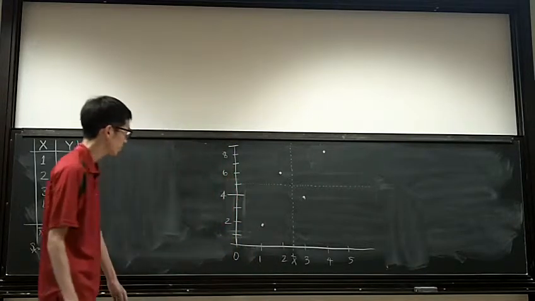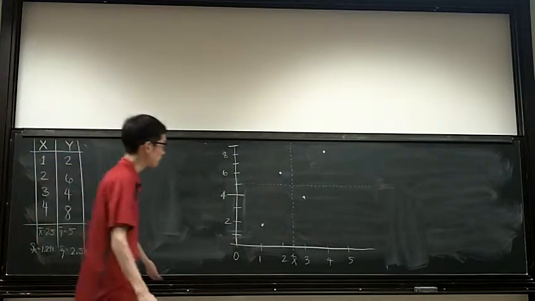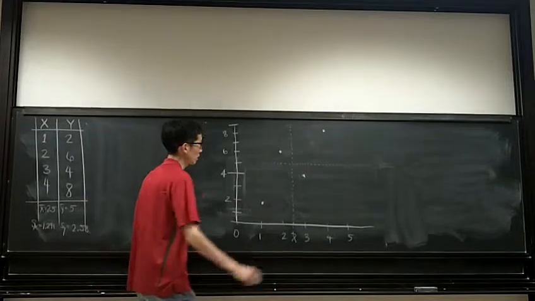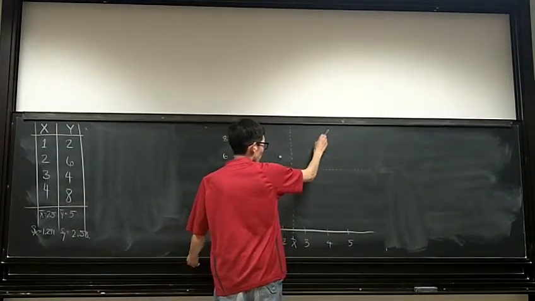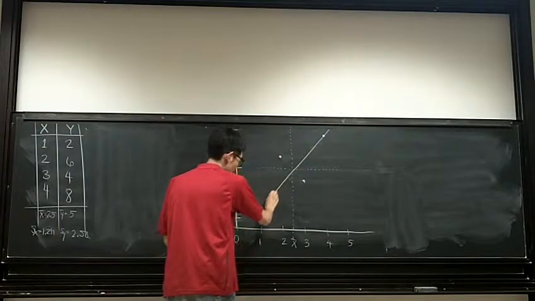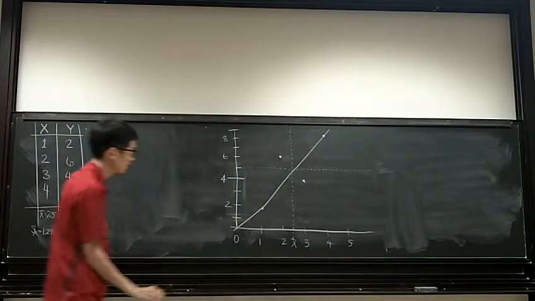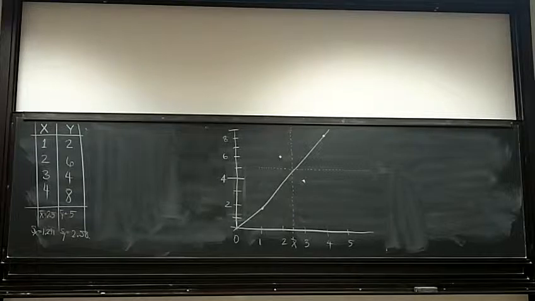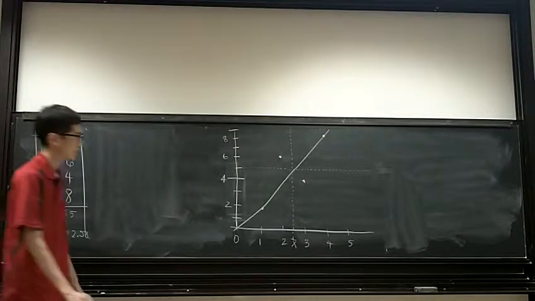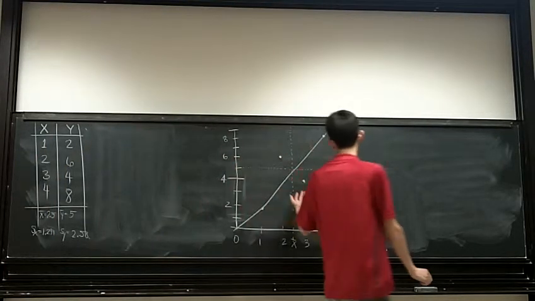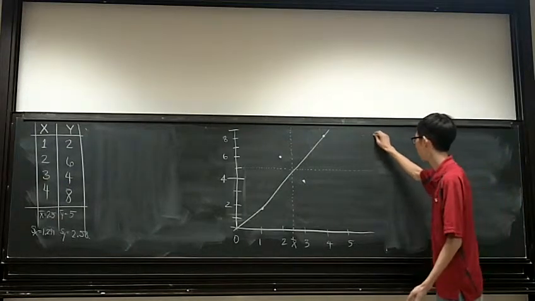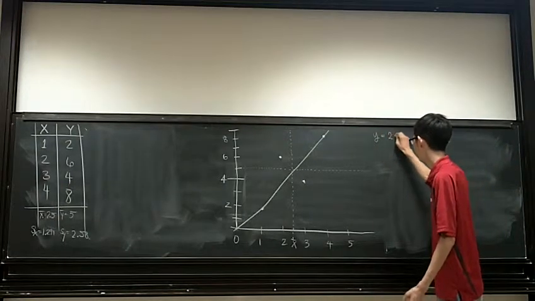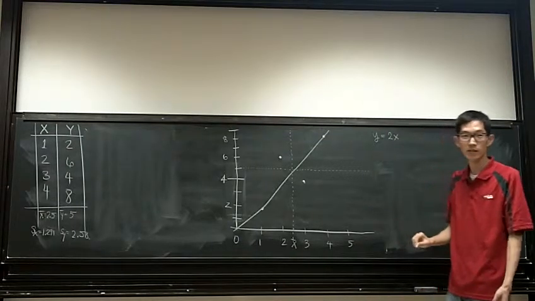So one candidate for a line would be something like that. Okay? All right, and what would the equation of this line be? So this line is y equals 2x.